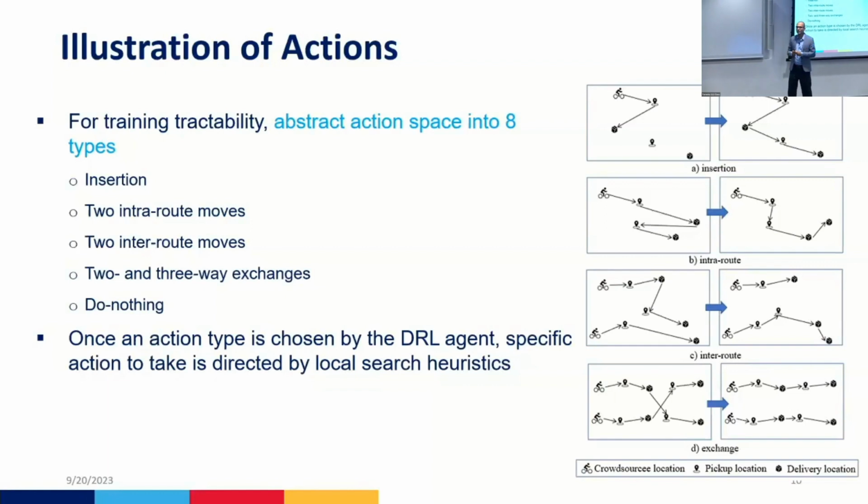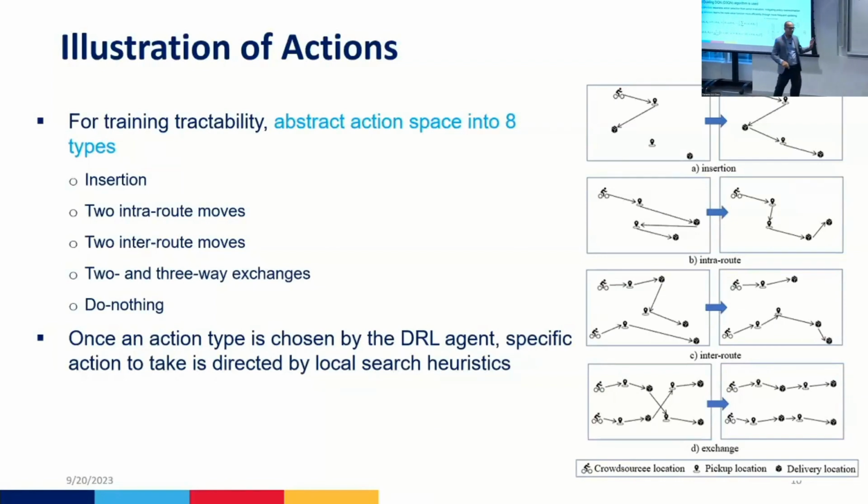If I do an insertion, which crowdsource should I add this extra request to, for example? Which crowdsource I add this request to is a heuristics-level problem. To actually take that insertion as the action at the micro step is the decision made by the machine learning part. So you're splitting these two, combining them, and trying to get better solutions.